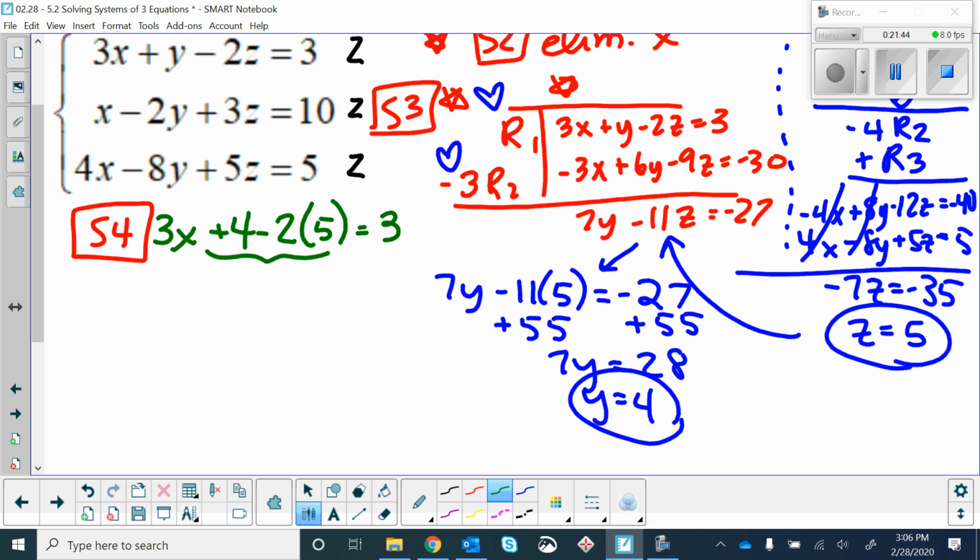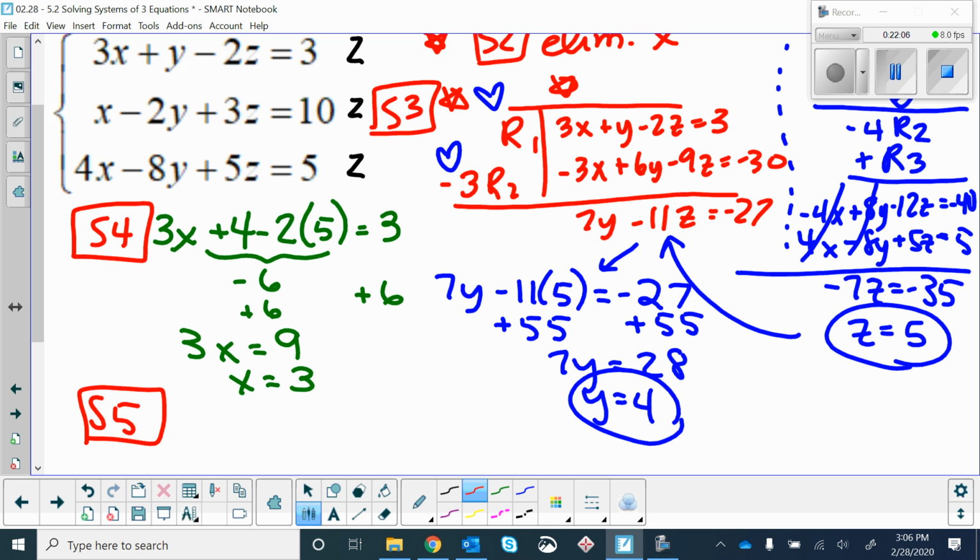So this math right here, 4 minus 10 is negative 6. I'm going to add that to both sides. So 3x equals 9, x equals 3.